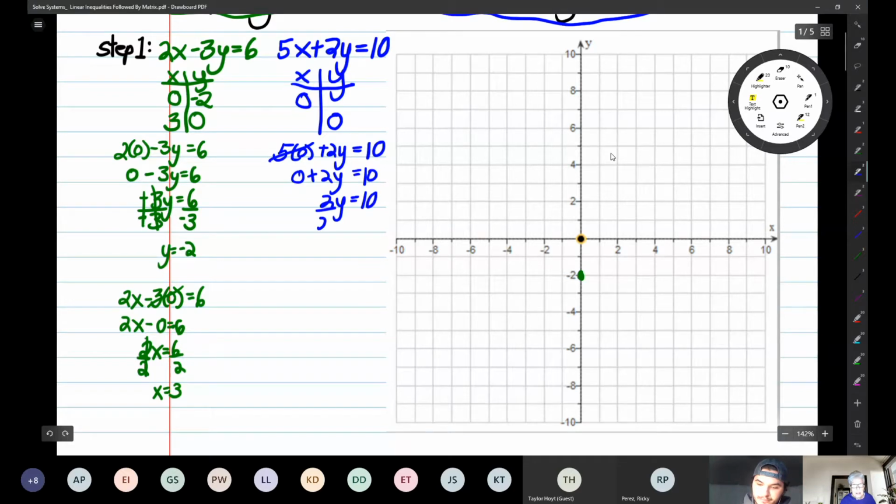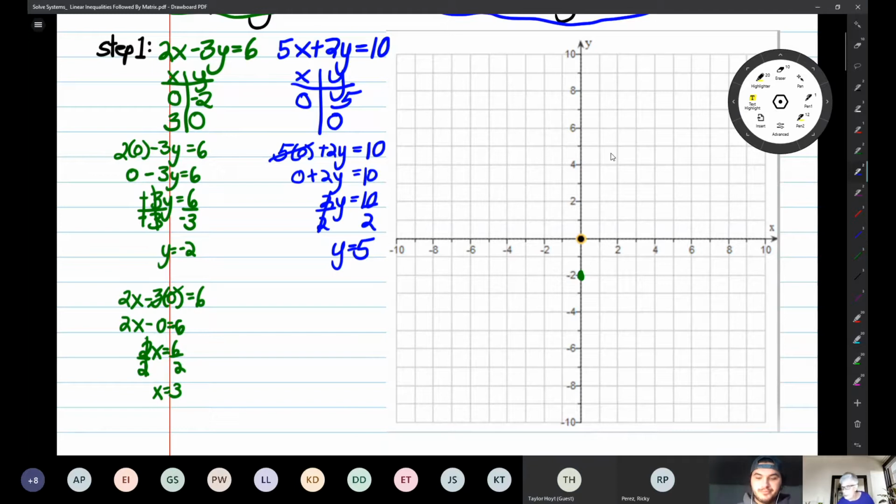And then we divide by 2 and we divide by 2. And so y equals 5. So when x is 0, y is 5. And I will put a 5 over here. And that will be the point 0, 5, but I'm not going to plot it right now.